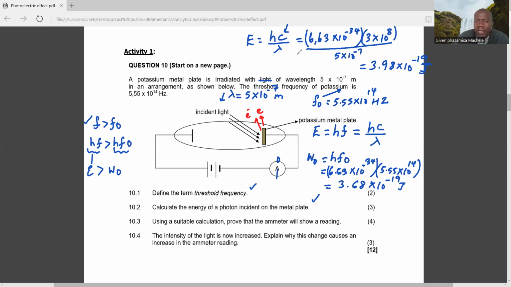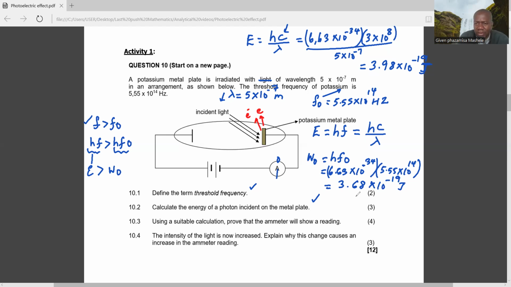Now we want to compare the energy of the photon and the work function. Which one is higher? Already you can see that the energy of the photon is higher than the work function, the minimum amount of energy needed to eject electrons from the metal surface.